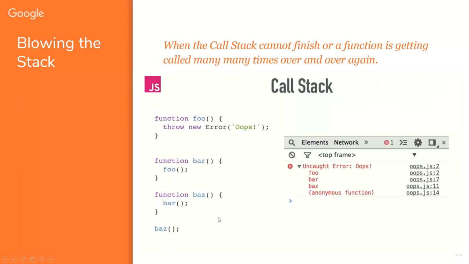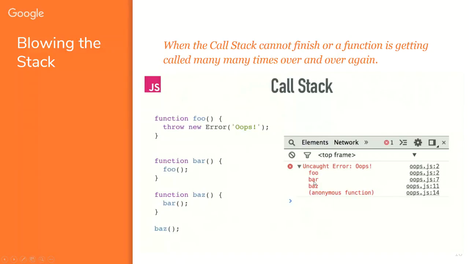So notice here we get, this is the result actually of calling this code. But when we call baz, it gets put on to the call stack. So here we have a representation of the stack frames.